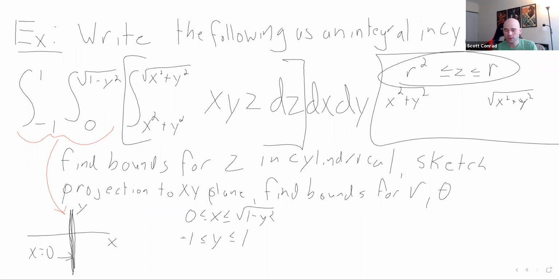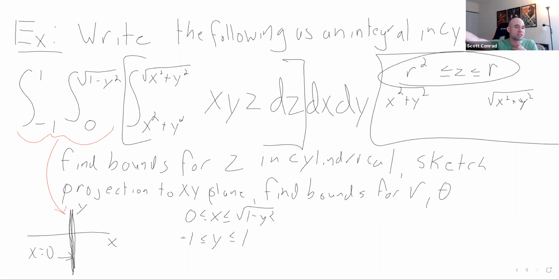What is x equals square root 1 minus y squared? How would you describe that? Right, it's the right half of the circle x squared plus y squared equals 1, right? So if you get x by itself, you get x equals plus or minus square root 1 minus y squared.